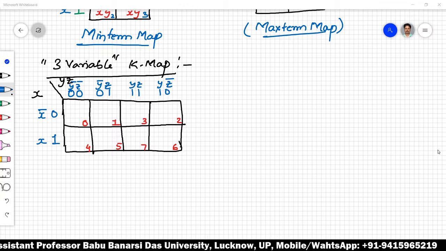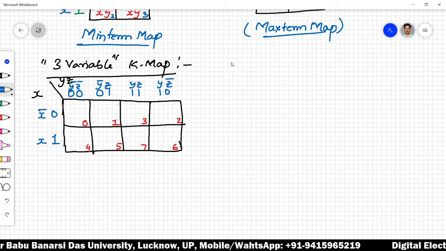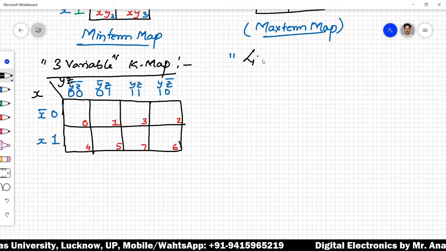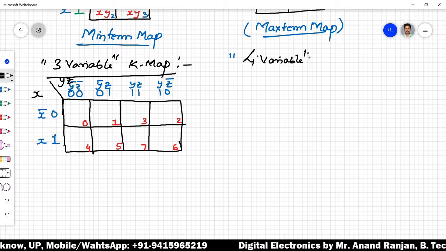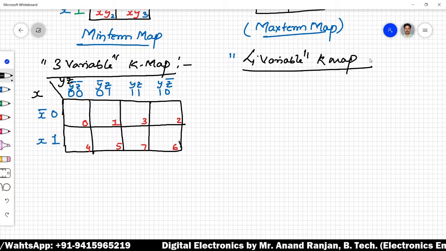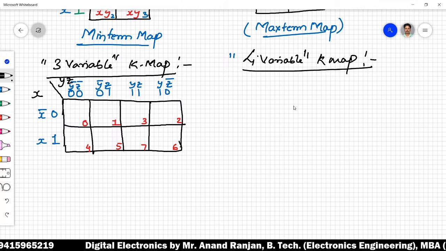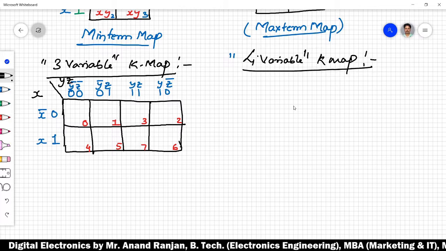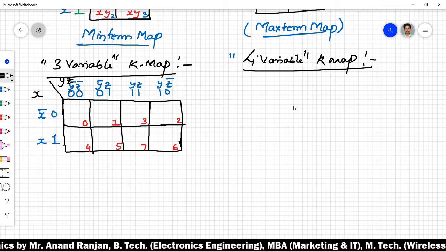Similarly, we can draw the four variable case also. Four variable K map. When we say four variable K map, it means we have four variables, either a b c d, or x y z, w x y z.